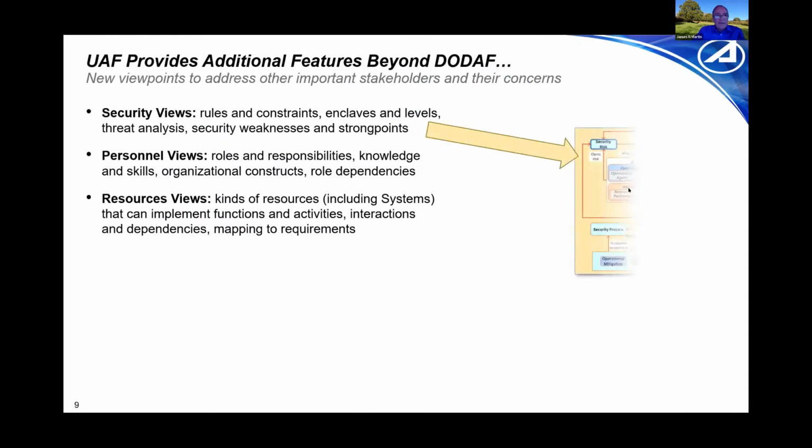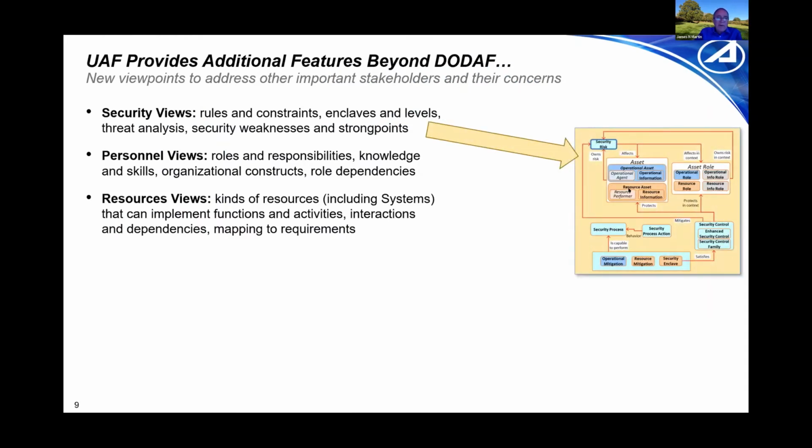So here are some of the additional features beyond the DoD framework, and actually it's additional beyond, as some of you probably use the NATO framework. The security views actually came from the Canadian framework, and later on were put into version 4 of the NATO framework.